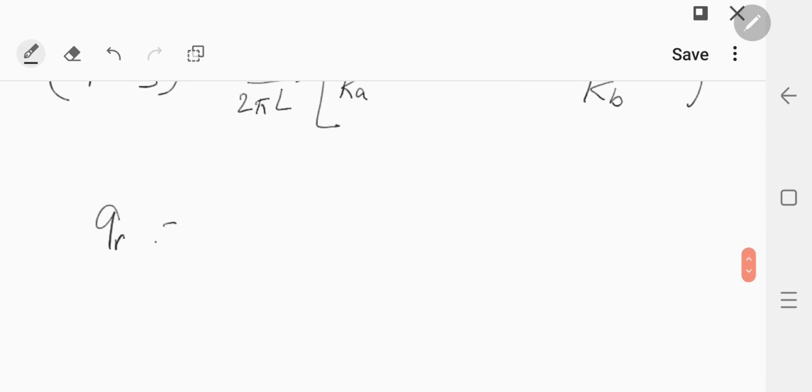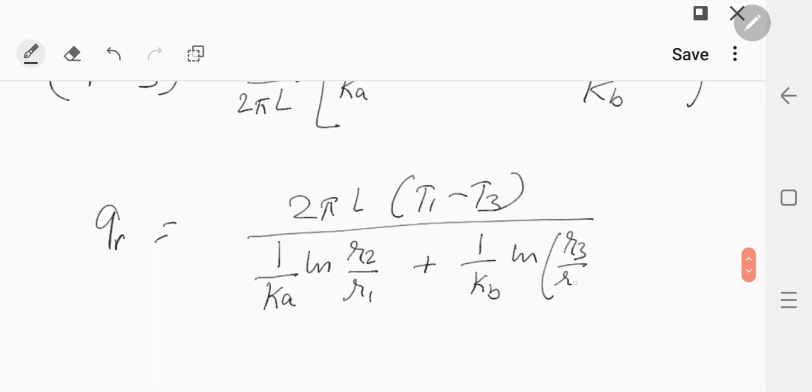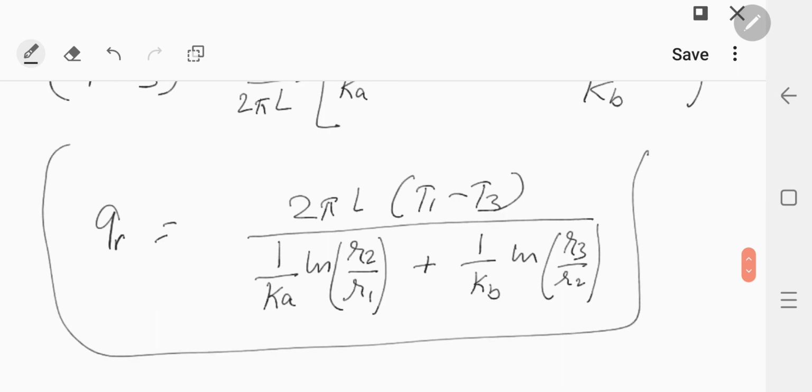So QR is 2 pi L into (T1 minus T3) over 1 by Ka ln R2 by R1 plus 1 by Kb ln R3 by R2. In this way, for composite cylindrical systems, we can calculate the heat transfer rate.